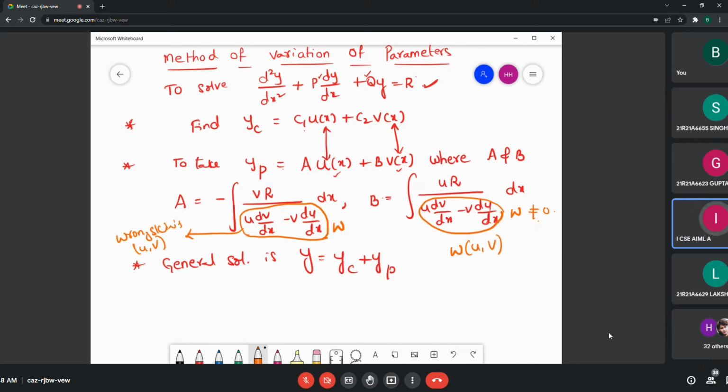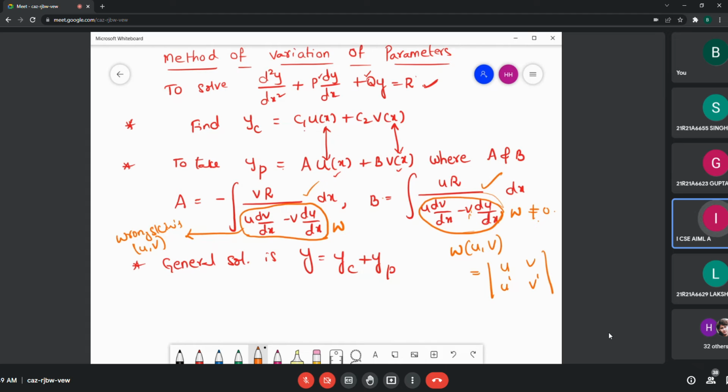In a different manner they will denote it here in the denominator: W of u comma v is equal to the determinant of u, v, u dash and v dash. We have to take the cross product. Here I have directly written the Wronskian formula in the denominator of A and B. This is the process to find the variation of parameters.